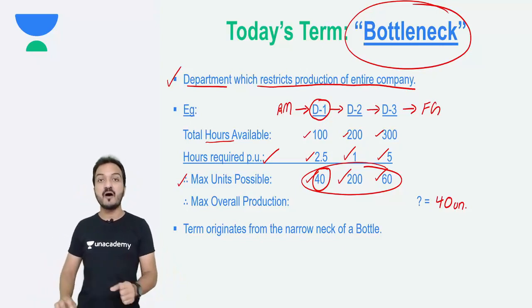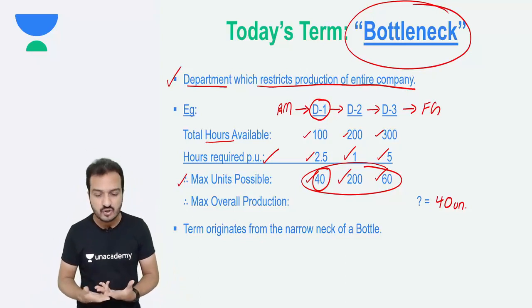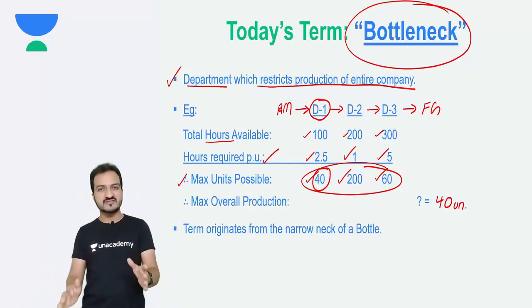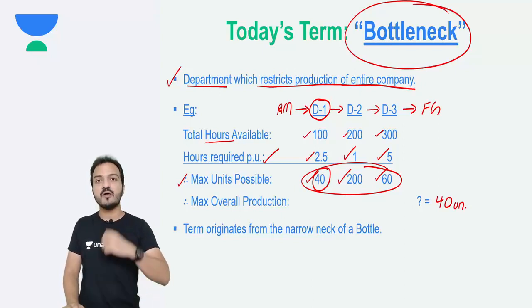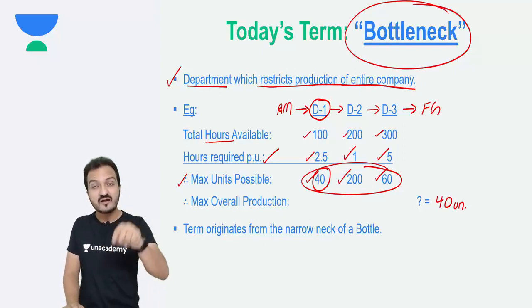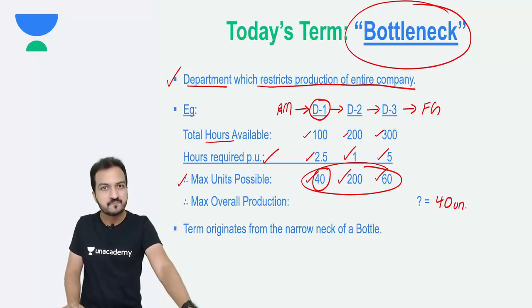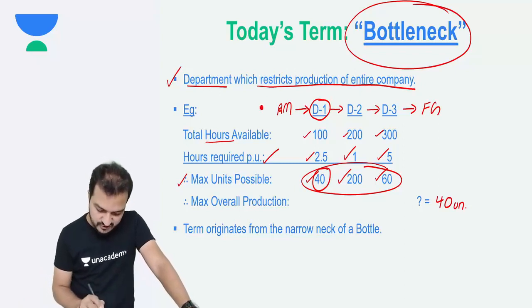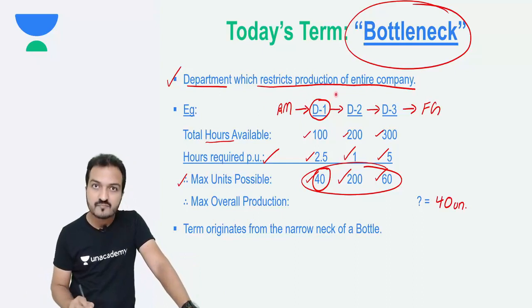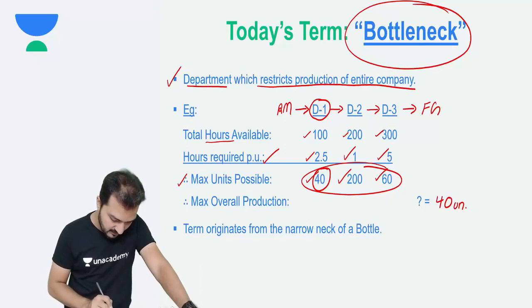Department 1 is the department which is restricting my total production. In short, out of these three departments, whichever department restricts the production of the entire company is called the bottleneck department. So bottleneck is the department which restricts production of the entire company, and in this example D1 is the bottleneck department.